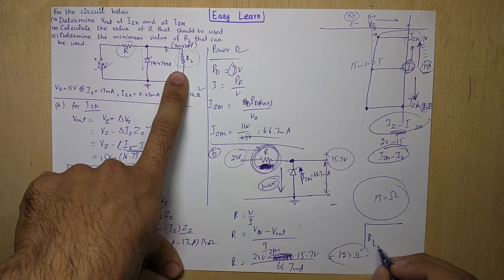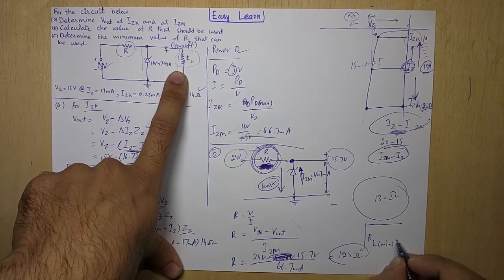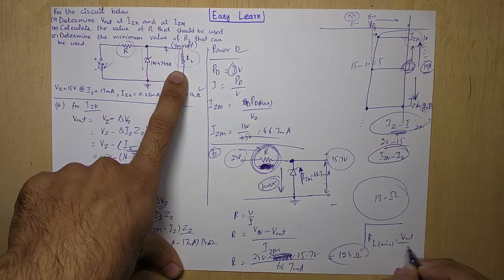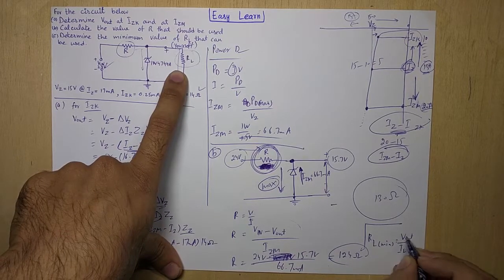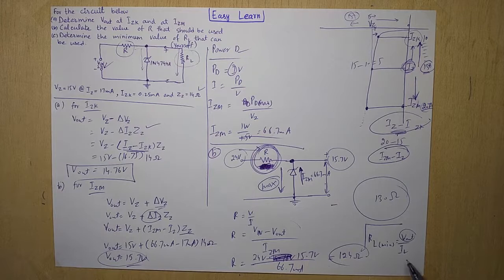So RL minimum is V output divided by IL, since R is equal to V over I. V output voltage is already given, but you have to find out IL. IL can be calculated as IT minus IZK. Next you have to calculate the total current, and IZK is already available, but this is up to you. You can also write it in the comment section.